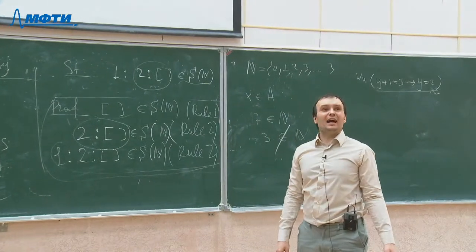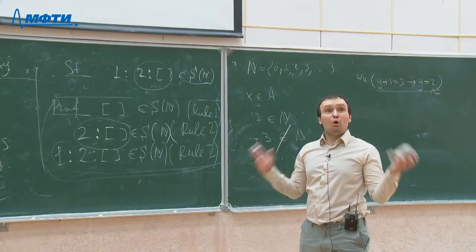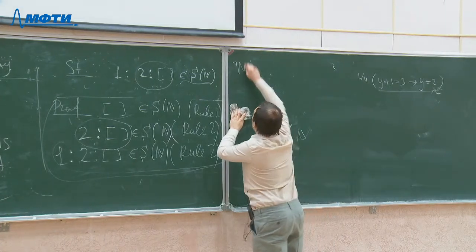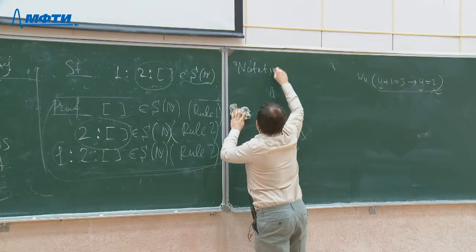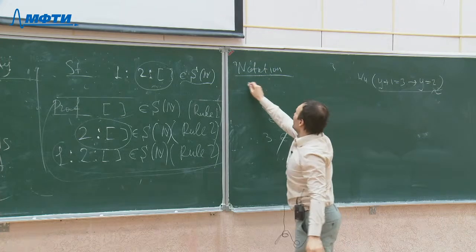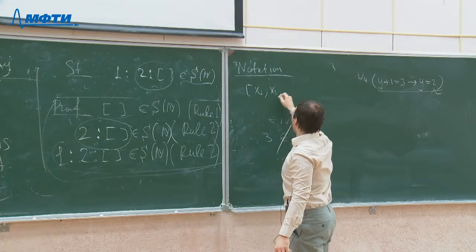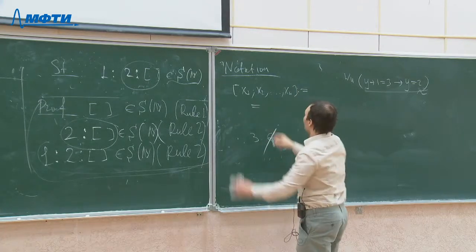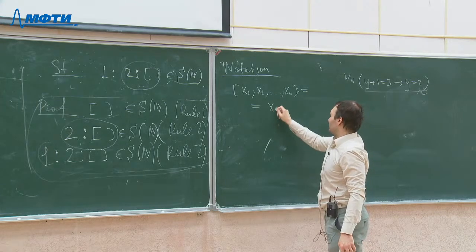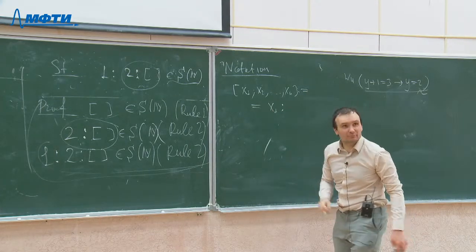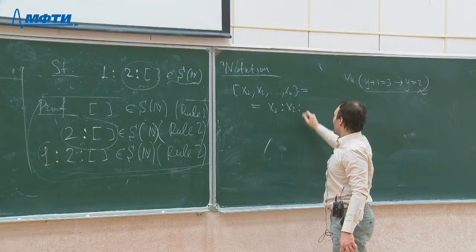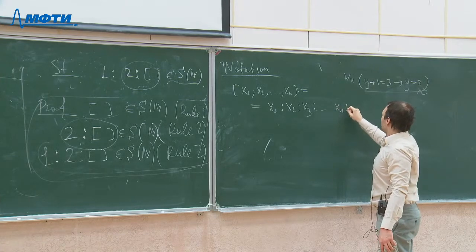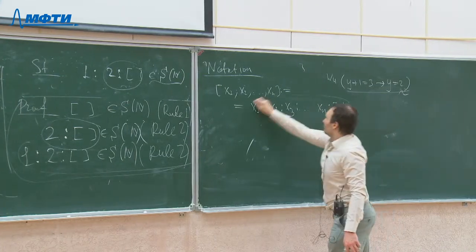But now let's create more convenient notation. We will use this symbol x1, x2, comma, and so on, xn. We will use this symbol for the following string: x1, colon, x2, colon, x3, colon, and so on, xn, colon, brackets.